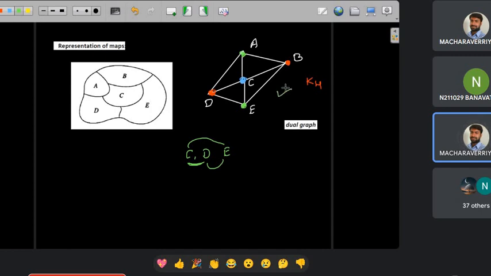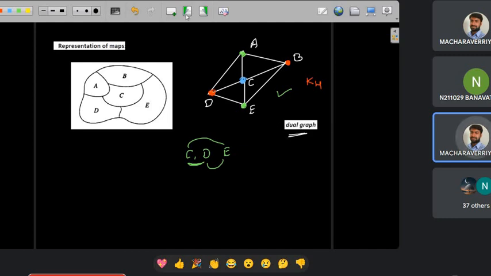That's it, we have assigned colors to vertices. Whatever graph we have drawn using this map, we call the dual graph of this map. So the graph corresponding to the map is called the dual graph.